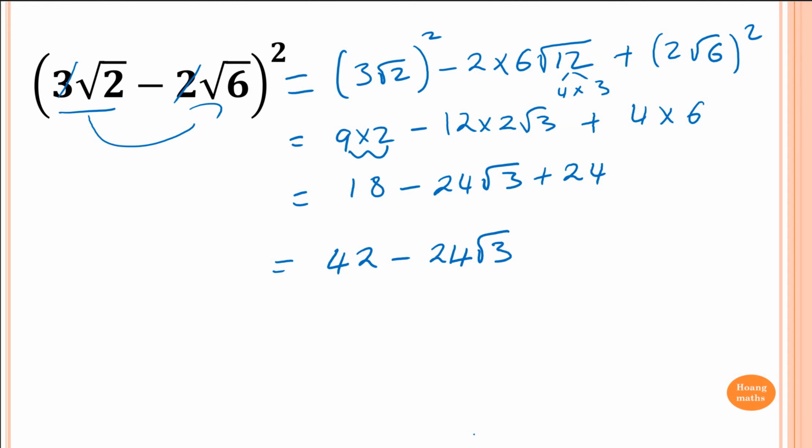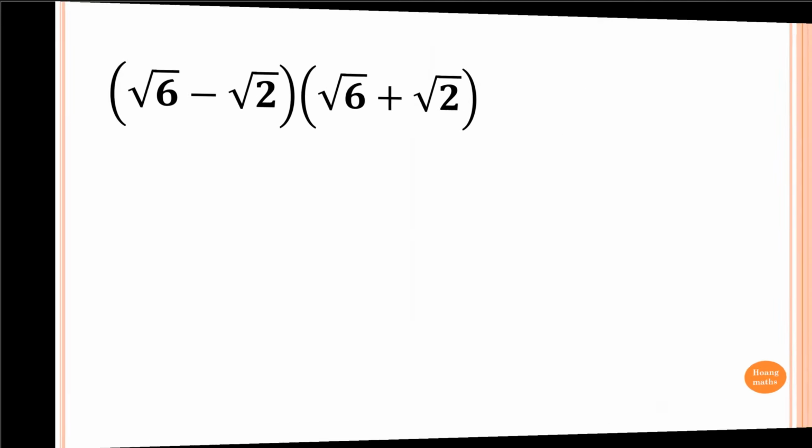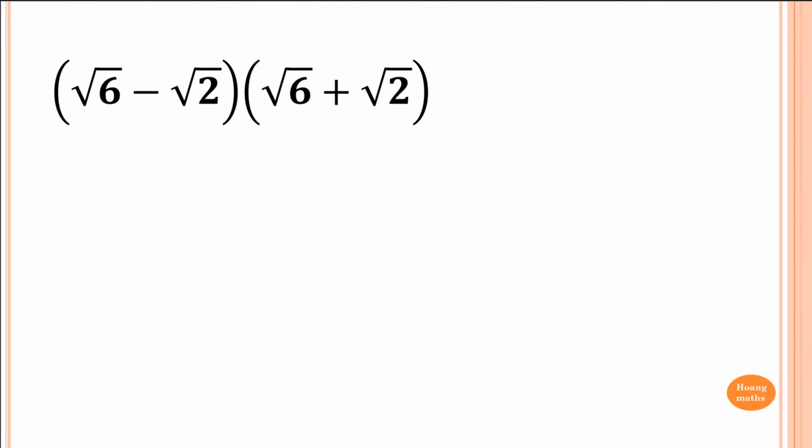Alright, next one here. This one here is a difference of 2 squares. If you think about it, 6 minus root 2 times 6 plus root 2, like this. The rule is this: A minus B, let's work it out, times A plus B. Look, A times A is A squared.